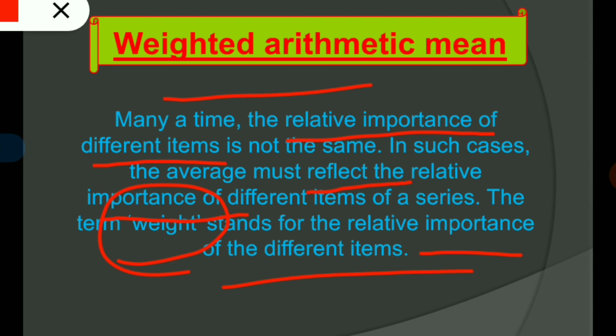When we are calculating the simple arithmetic mean, all values are equally important, but when we are using the weighted arithmetic mean formula, there is a relative importance. So all the values are not equally important. Relative importance of the different items is present. Now move on to the next slide.